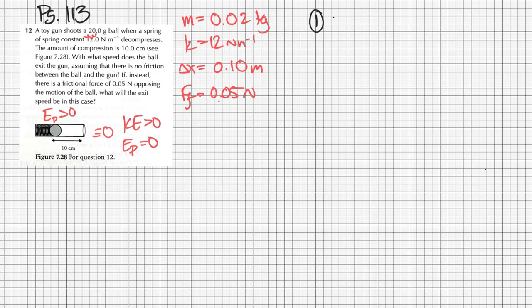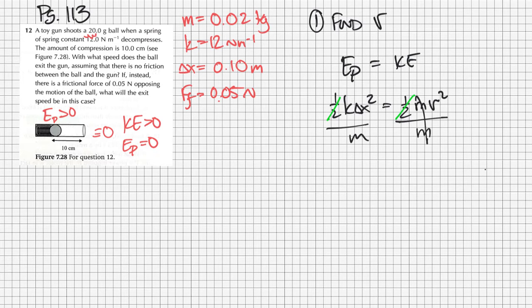So the first thing we're going to do is find V final, and that's going to be elastic potential energy initial equals our kinetic energy final. So that's 1/2 K delta X squared equals 1/2 mv squared. My 1/2s are going to go away. I'm going to divide each side by m. My m's cancel out, and I'm left with v squared equals K delta X squared over mass.